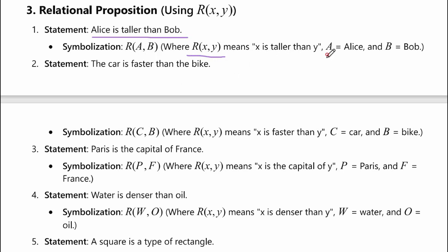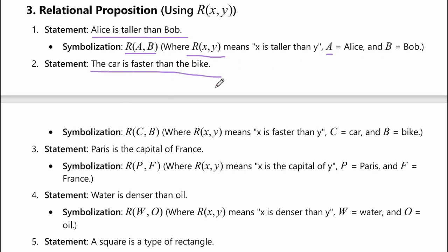Also we have to state what A and B are, all in capital letters. A means Alice, and B is Bob. So just by stating this, we can say the relation between A and B is A is taller than B. A is Alice, B is Bob, means Alice is taller than Bob. So this is how we symbolize the simple proposition.